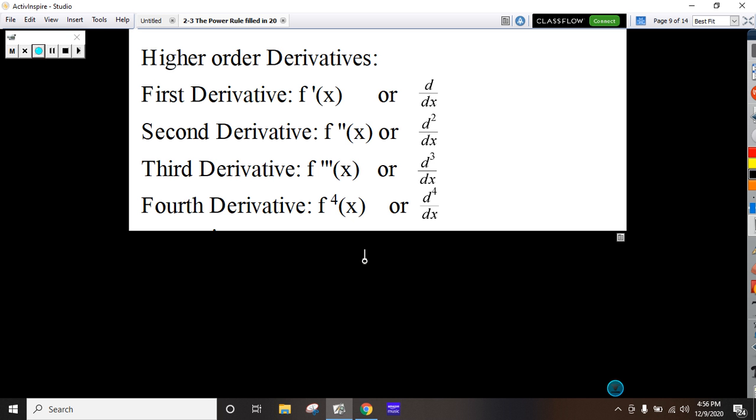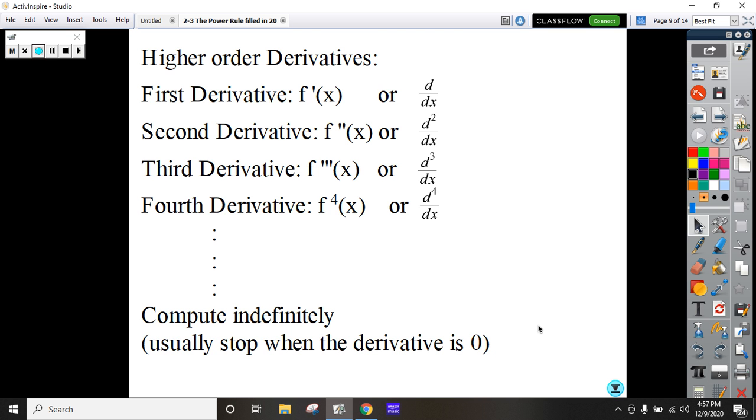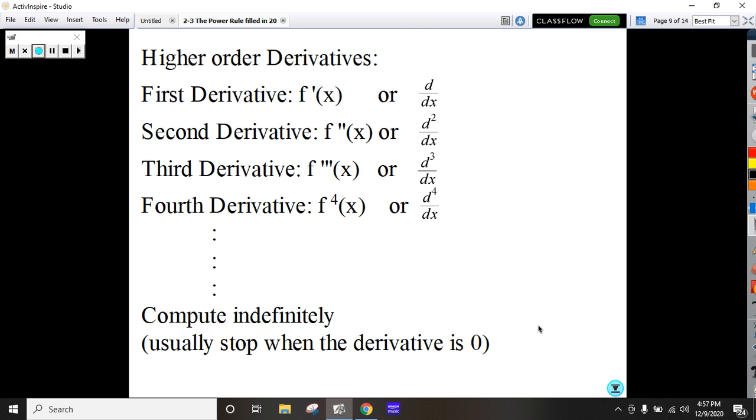Now you can't just skip to whatever derivative I ask you for. You still have to take the derivatives in between, which should make sense. But that's one thing to look for, and we can do that indefinitely. You can find an infinite number of derivatives. Typically, we stop when it's 0, because once you hit 0, the next however many derivatives are going to be 0, because the derivative of 0 is 0.